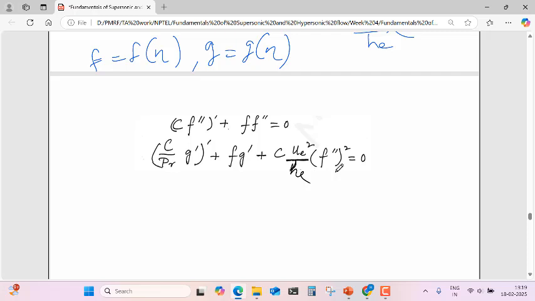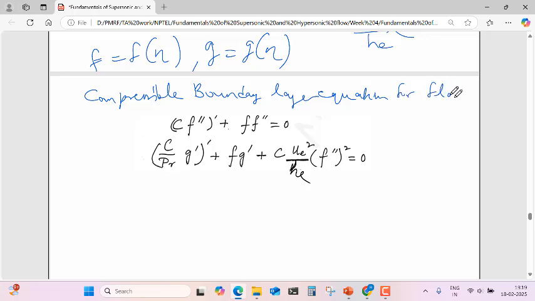These are the compressible boundary layer equations for a flat plate.